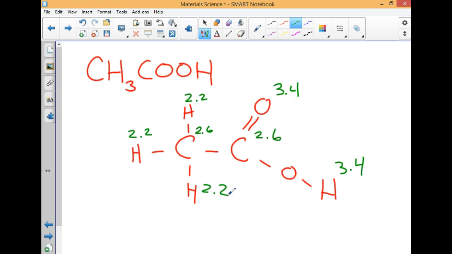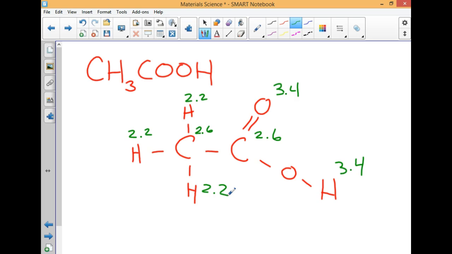If you look at this side of the molecule, we're going to start with this carbon first. 2.2, 2.6, 2.2, 2.6, 2.2, 2.6. This is a nonpolar side. If you look at the other side, it's a difference of 0.8.